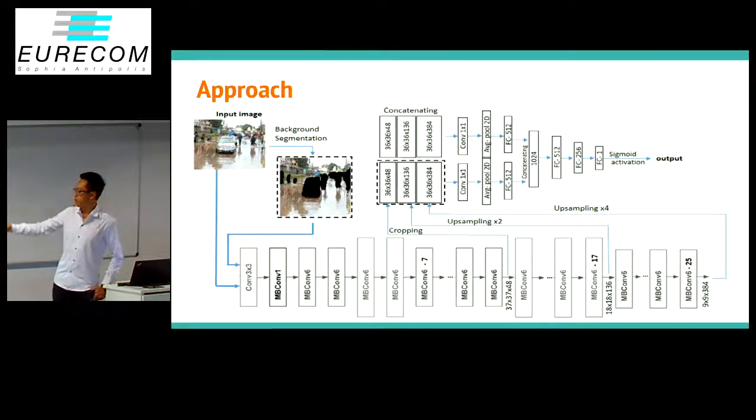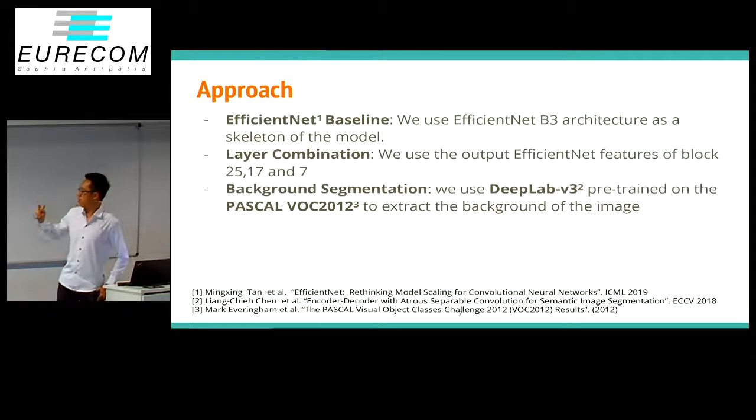So they put the input image and the new image into an EfficientNet, and then concatenate the results from the EfficientNet so that they can generate the result.